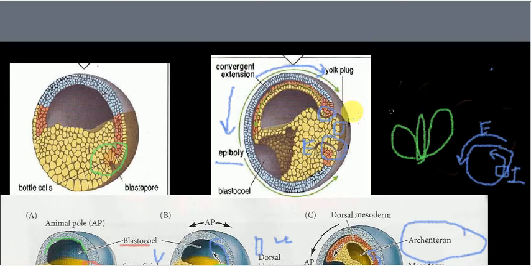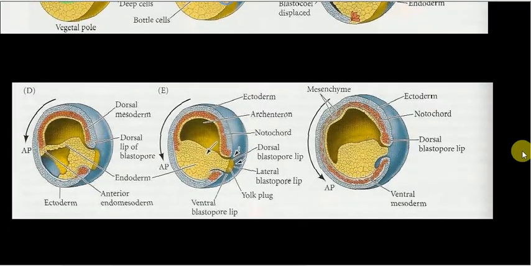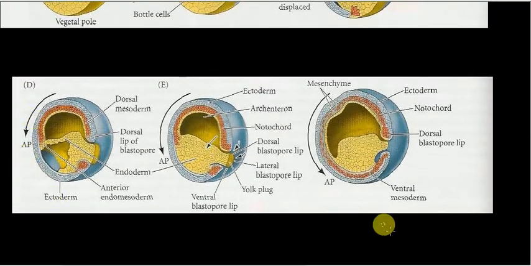After a certain time, as this cavity continues to form, you have a remaining patch of endoderm that is called the yolk plug. Now look at this diagram.